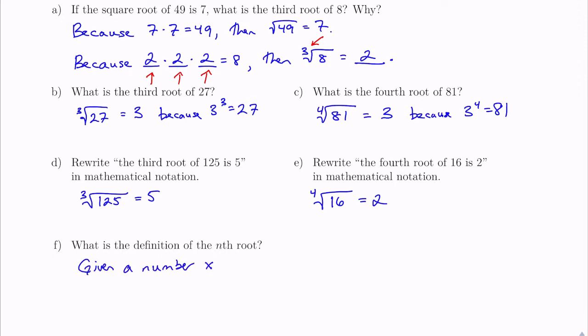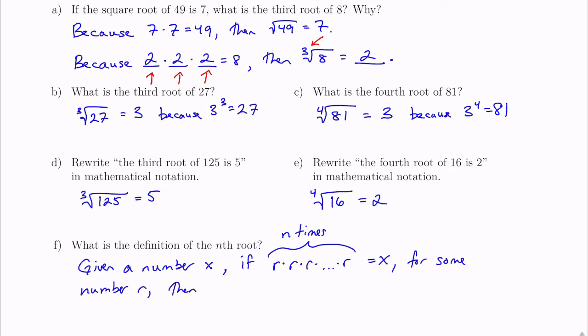Given a number x, if there is some other number r that when we multiply r by itself n times we get x, then we say that r is an nth root of x. It is important to recognize that there could be more than one nth root of x. And so that's why we're saying r is an nth root of x, not the nth root of x.